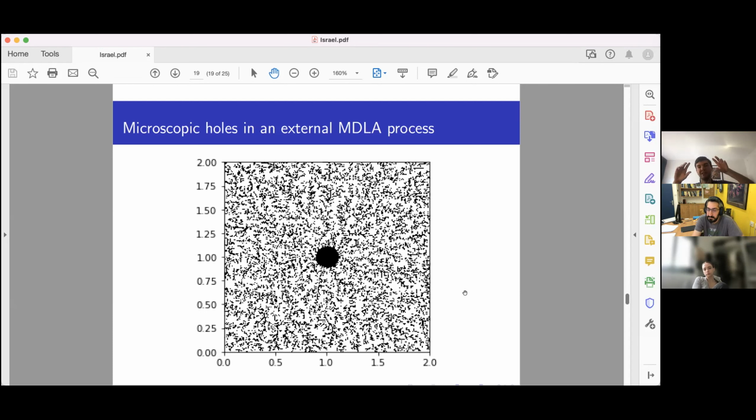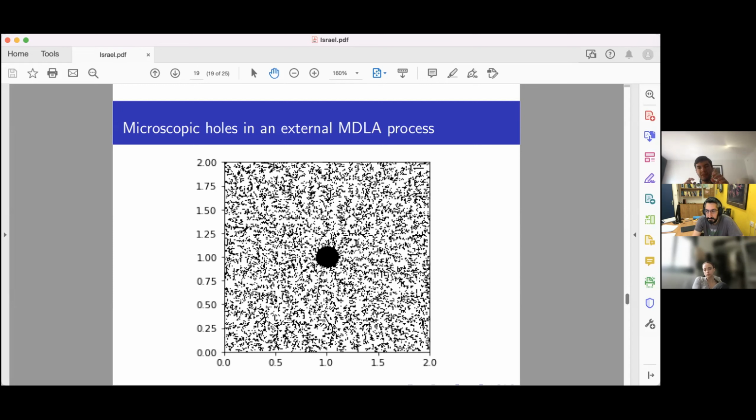And so when you pass to the limit, because the holes in the black cluster will go to zero as you decrease the mesh of the lattice, in the limit you will fill the square completely, so you will grow by a fairly large area.